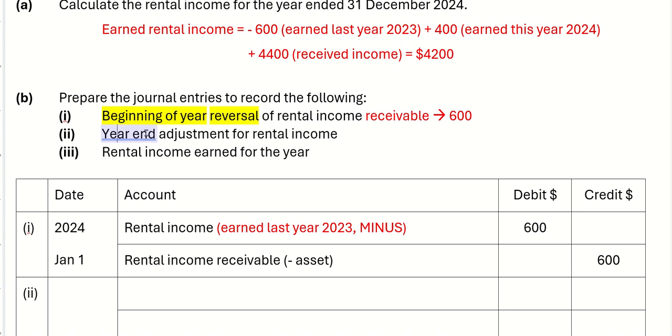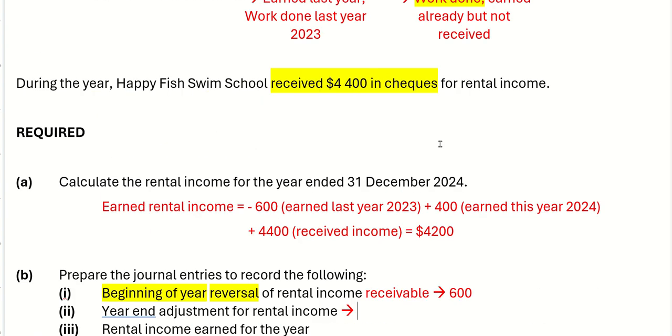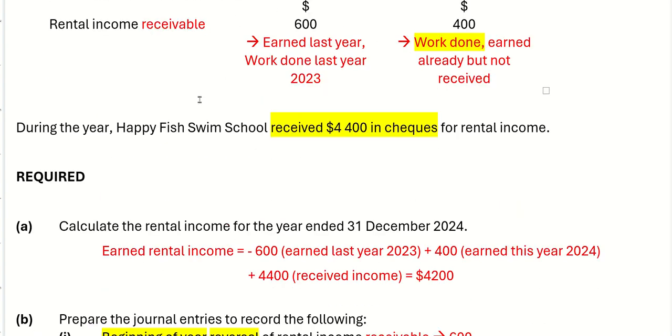Next, year-end adjustment. This year-end adjustment for rental income, which value are they referring to, ladies and gentlemen? So how many numbers here? Which number are you referring to? 600, 400, 4,004, 4,002? Year-end adjustment.